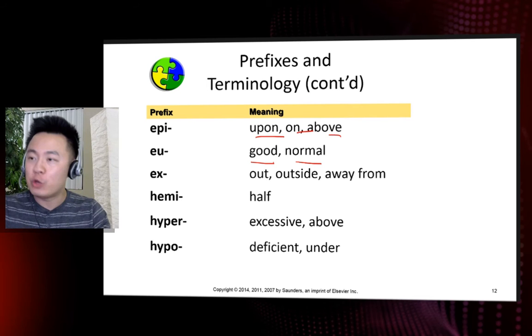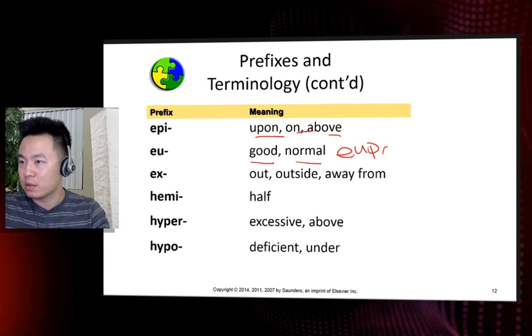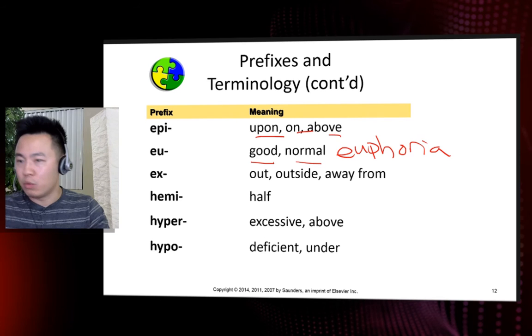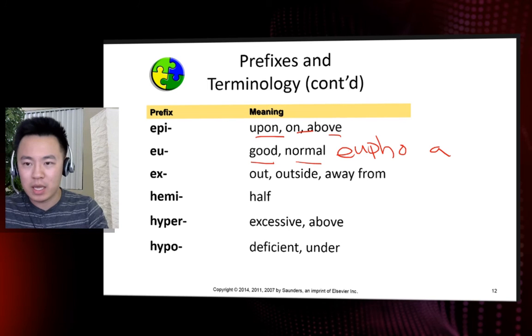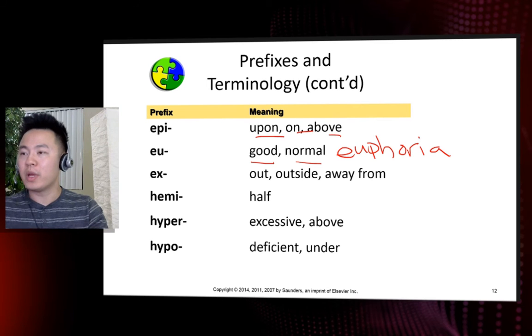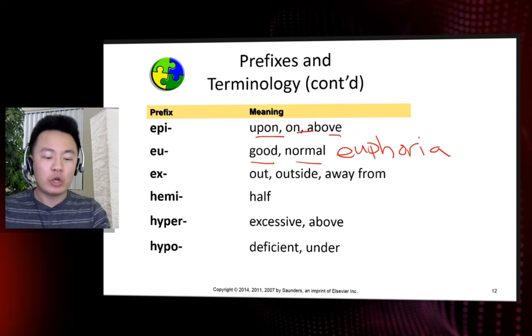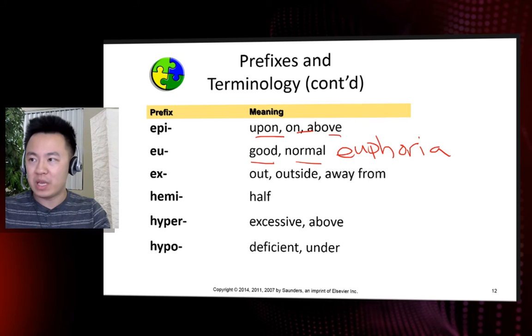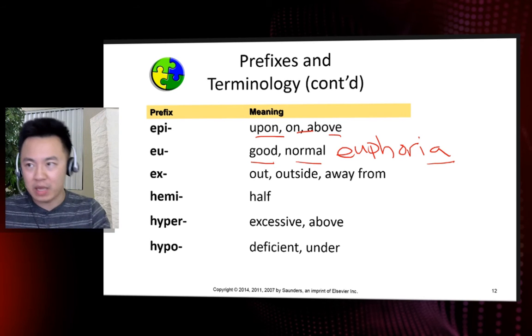For example, euphoria, which means good feeling or well-being. Ia actually means condition, so you can say condition of having good feelings or condition of well-being.